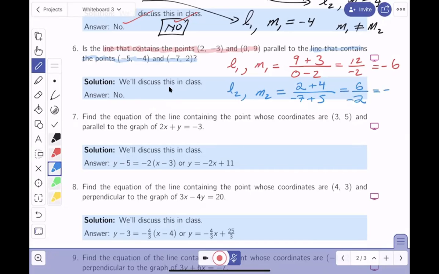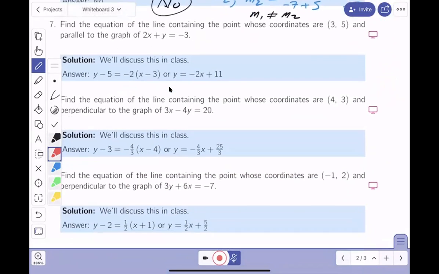What do you get over there? Minus 3. Now, what's our question? Are the two lines parallel? The answer is no. And why is that? M1 does not equal M2. So it's no. Check your key, and you got it.